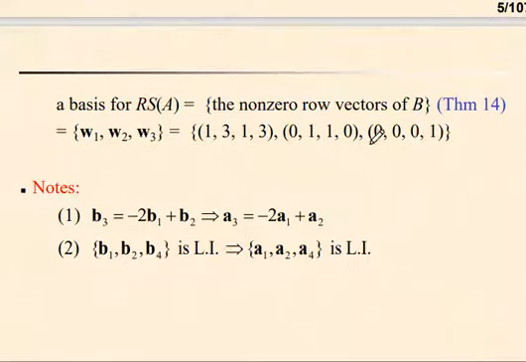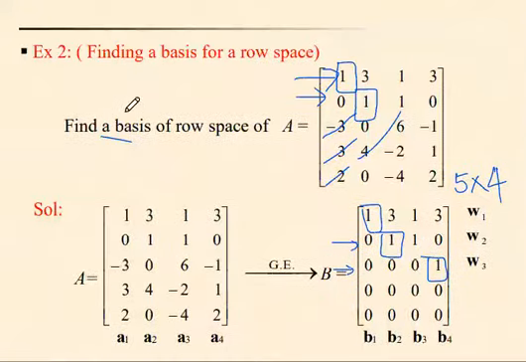Right, this one. The row space of A would be generated by these three non-zero elements.